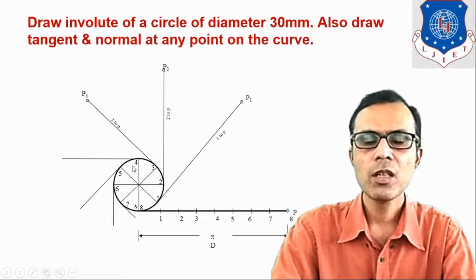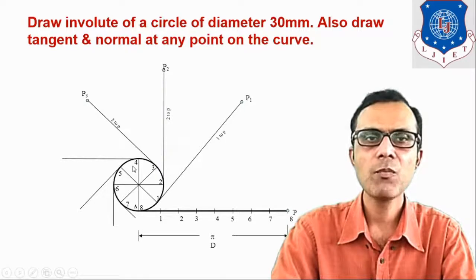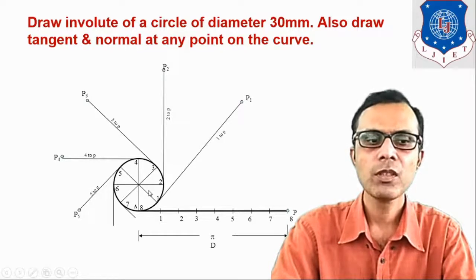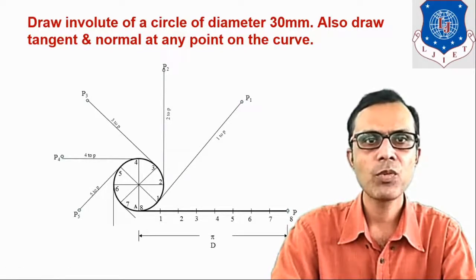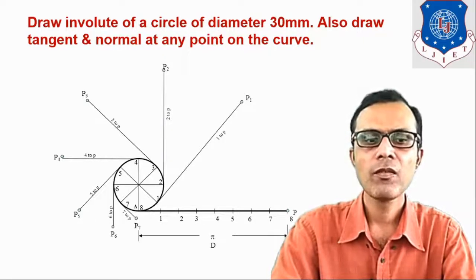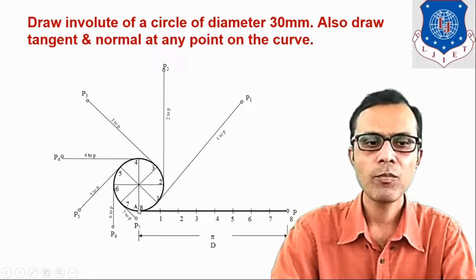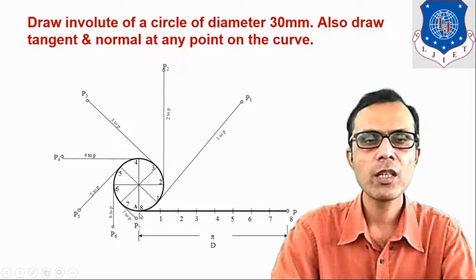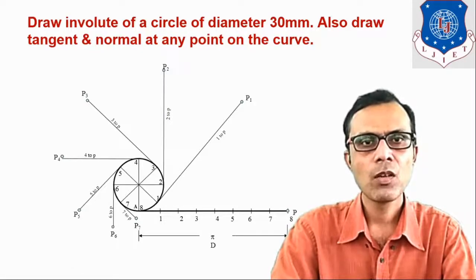The same procedure we have to repeat for division numbers 4, 5, 6 and 7. These are the different positions of the end point of the string. When the string arrives at point number 8, the total length of the string is bound on the circumference of the circle.